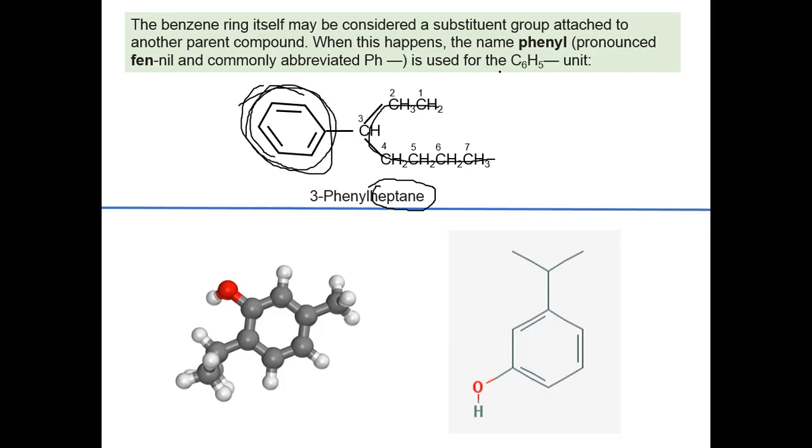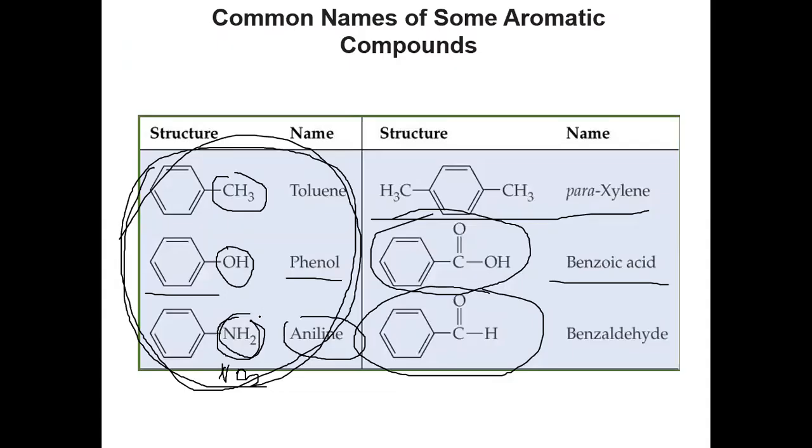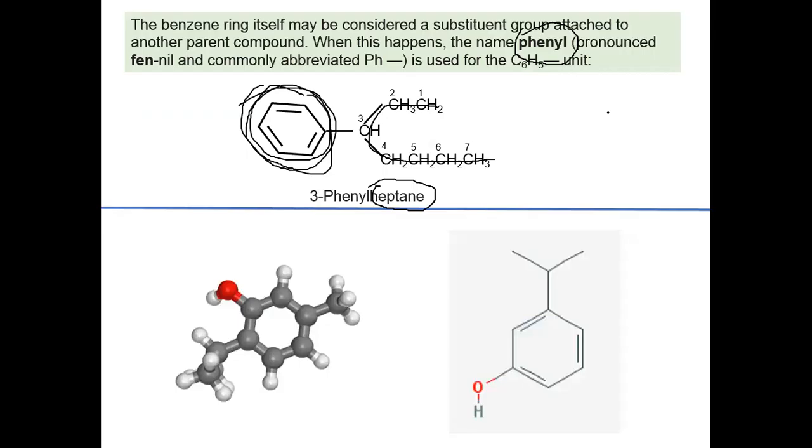Then it's going to be called phenyl. Don't mix it up with phenol. This is phenol. This is phenyl. I know at this point it's not easy to remember, but at least phenol we need to remember.